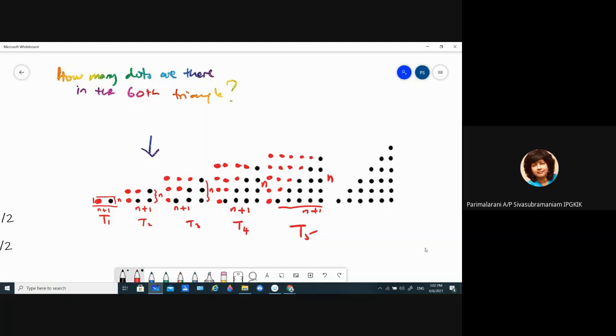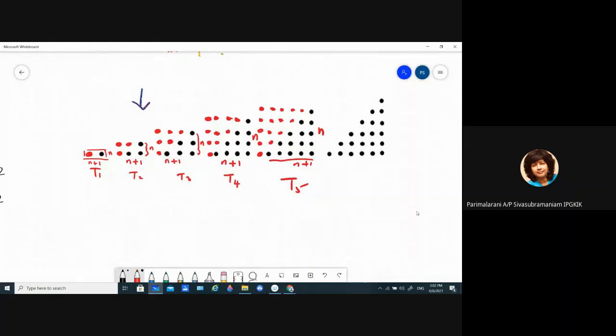So this is just to prove the formula. What is the number of dots in each rectangle? Let's look at the area of the rectangle.